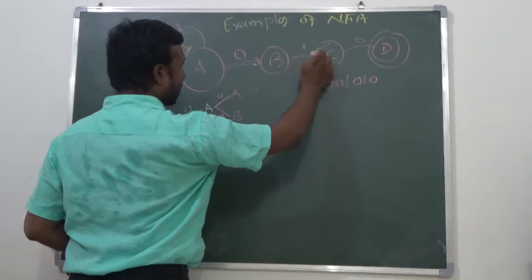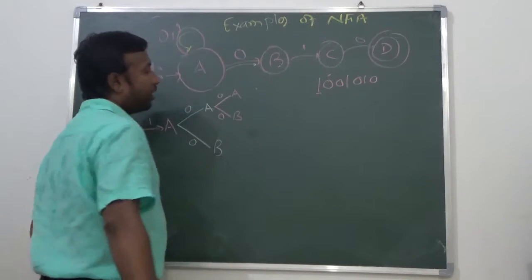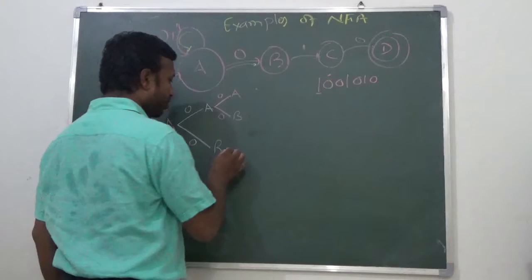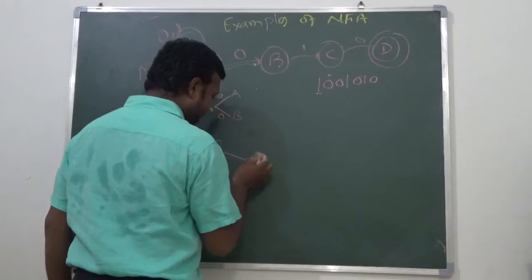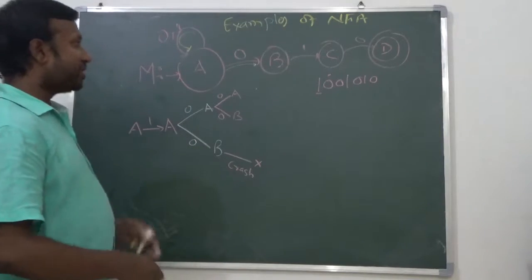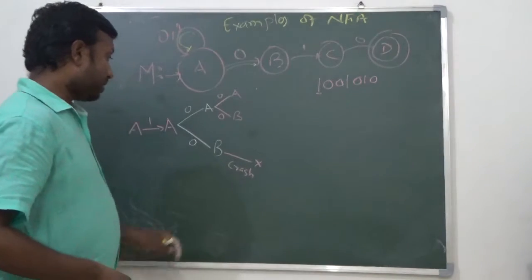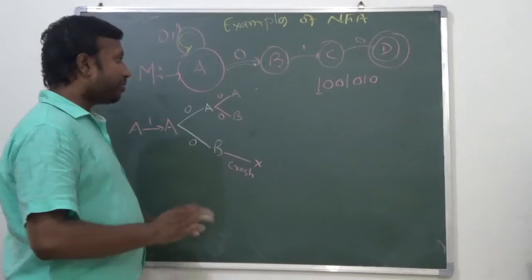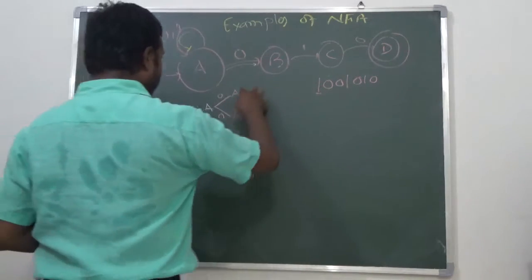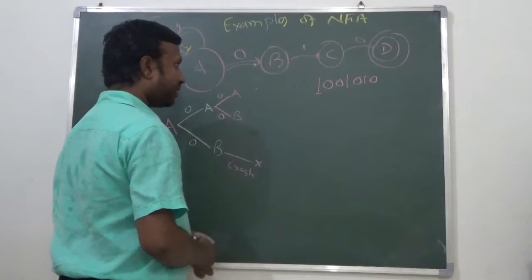The machine cannot process 0 because from B there is no branch for 0. So the machine crashes. But if the machine is crashing, that doesn't mean the computation is not possible, because again the machine can decide to stay in A or to stay in B, right?